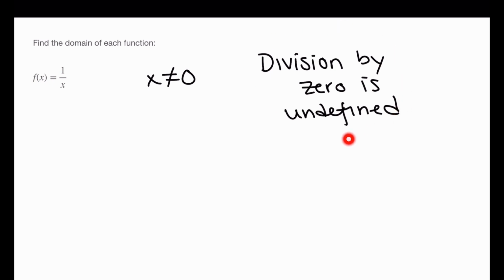Division by 0 is always undefined. So when we have the function 1 over x, that means x cannot equal 0. Our domain is every number except for 0. Okay, so when we have division, rational functions, fractions, to find the domain, the idea is that the denominator, the thing on the bottom, can never equal 0.